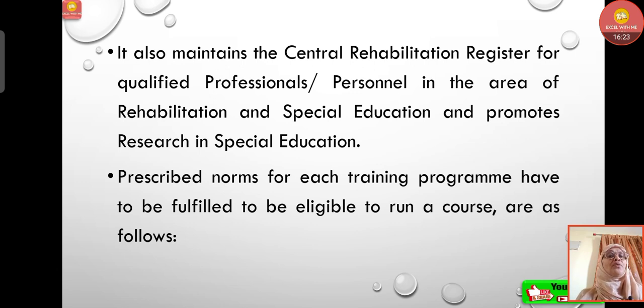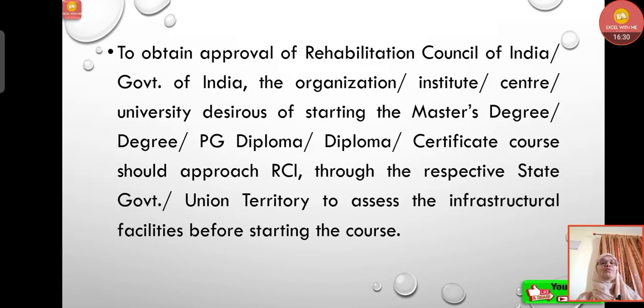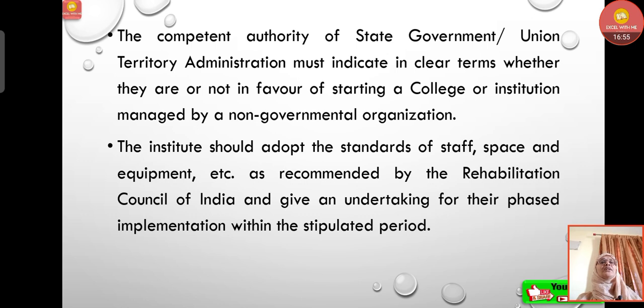Now, the prescribed norms for each training program that have to be fulfilled to be eligible to run a course are as follows. First, to obtain approval of RCI, the organization or institute or center or university desirous of starting a master's degree or PG diploma or certificate course should approach RCI through the respective state government or union territory to assess the infrastructural facilities before starting the courses.